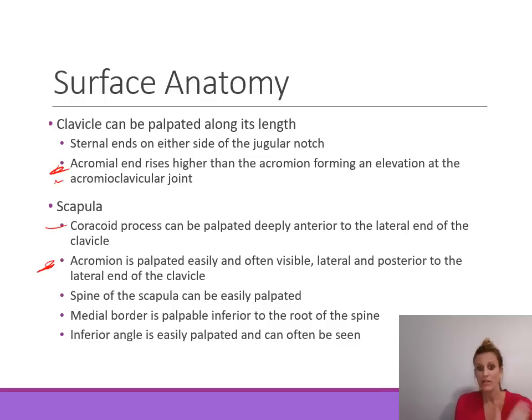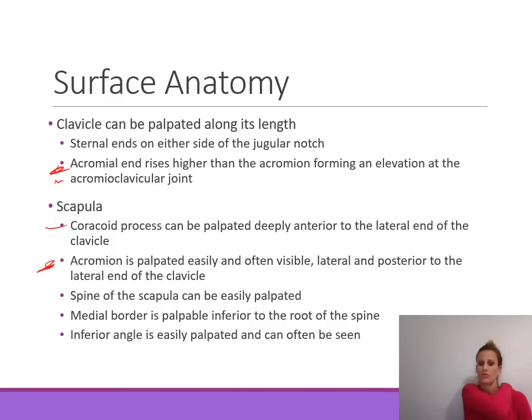The spine of the scapula is easily palpated. Again, if you go just back and around from the acromion, you'll be at the top lateral portion of the spine. So the spine of the scapula travels immediately towards the center at a slight inferior slope. Right? So it goes kind of obliquely like this.